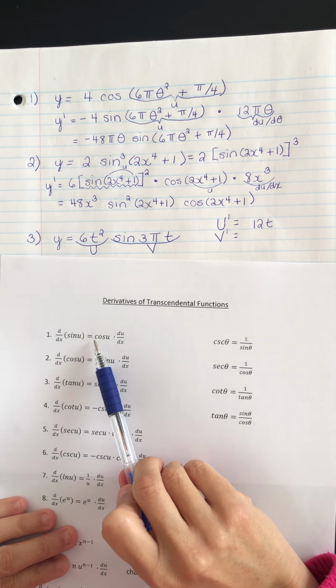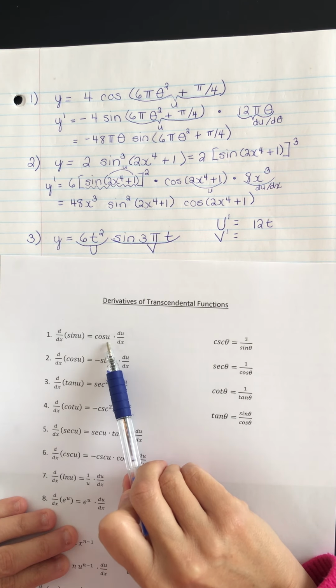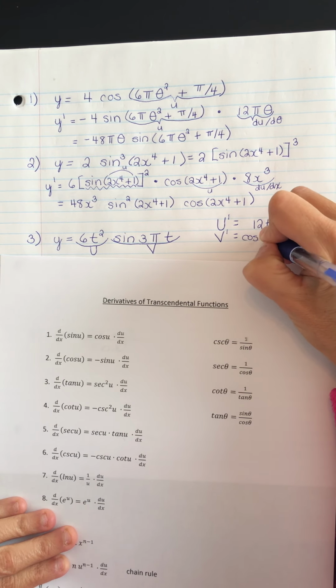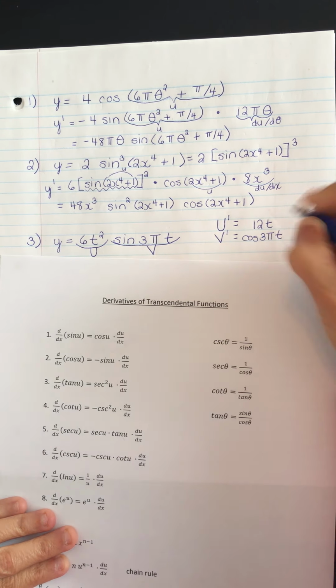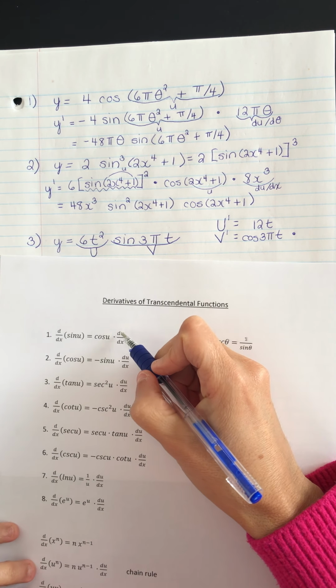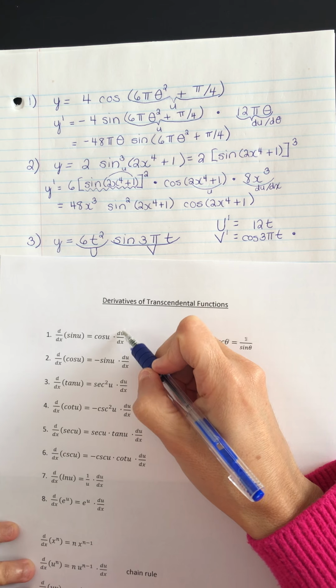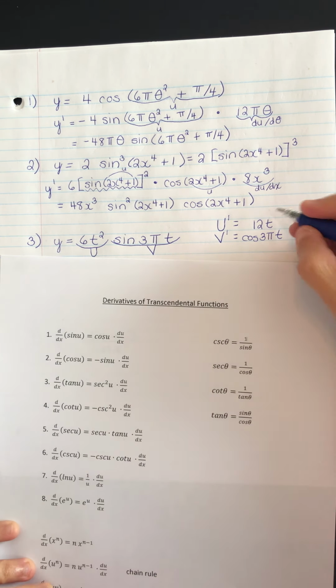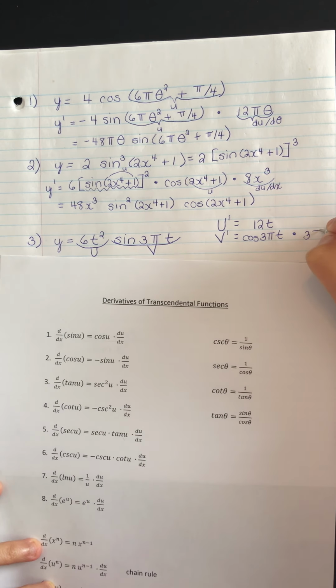The first part is cosine of 3 pi t. And that is multiplied by the derivative of 3 pi t. And the derivative of 3 pi t is 3 pi.